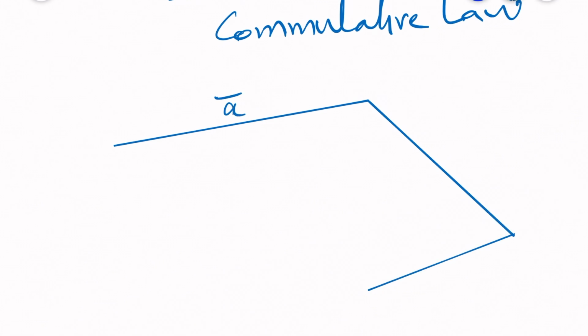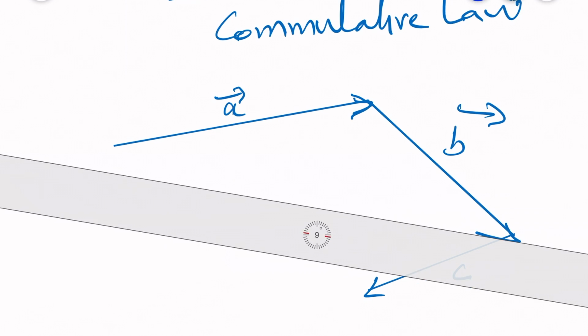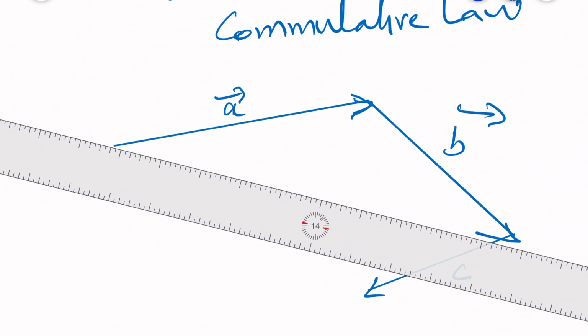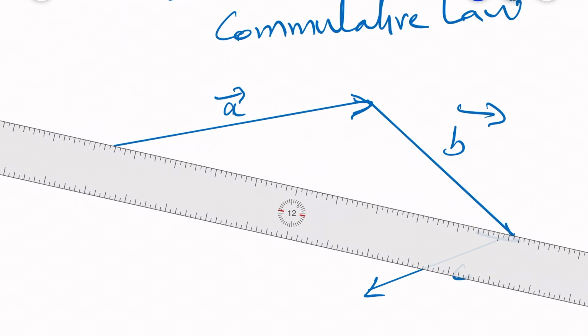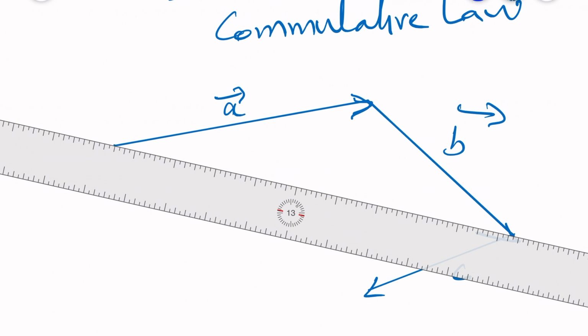This is A, this is the arrow here, this is B, and this is C. Now let's say we want to add these vectors. We can first add A plus B and then add C to it. So the addition of A plus B will be this vector.